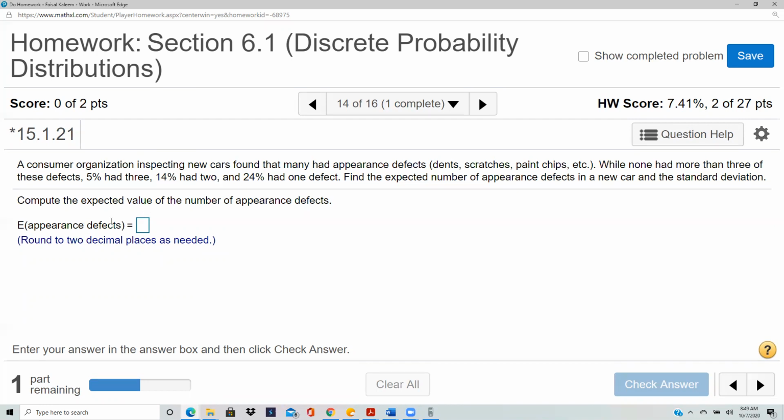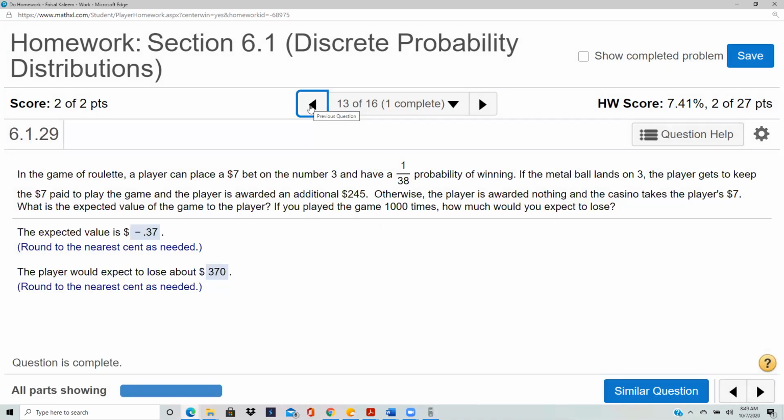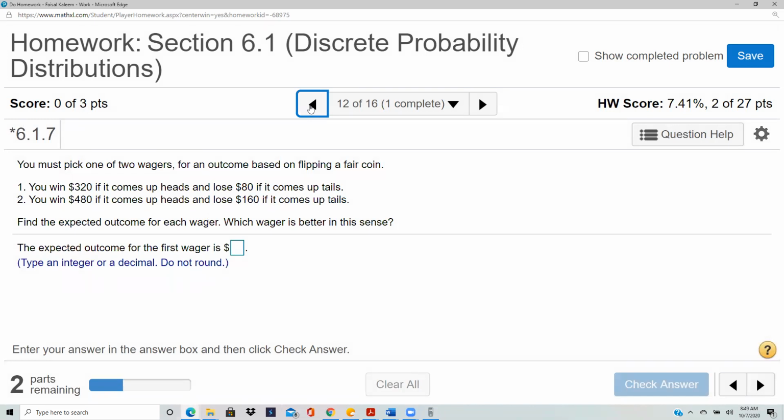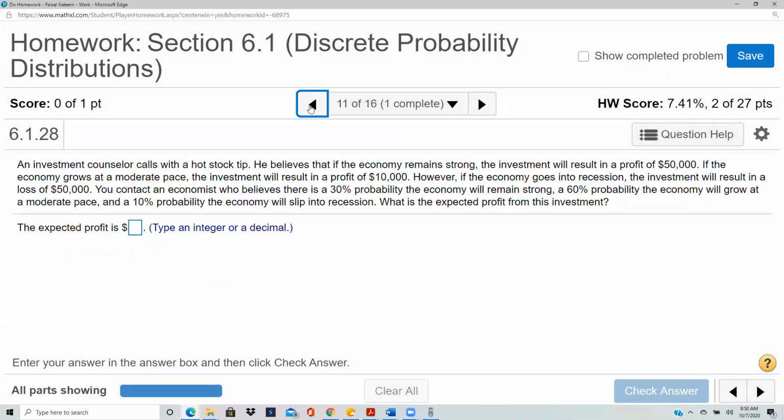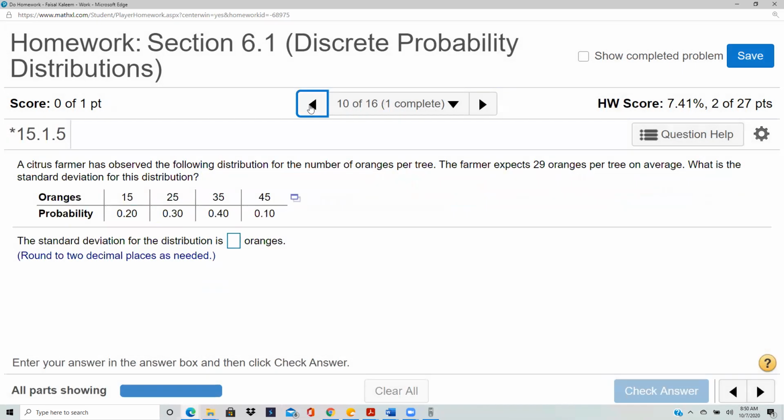So now expected value, as we said, is probably a little easily calculated if you do it just by hand. But the second part of the problem will ask you for standard deviation or variance. And there StatCrunch is really helpful. So let's open StatCrunch.